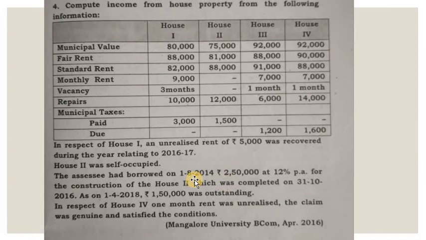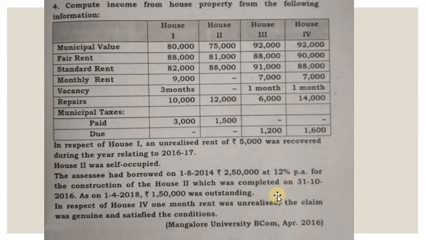Once again I'll explain. The pre-construction period interest begins from the date of borrowing, that is 1/8/2014, to either the date of complete repayment, but there is no repayment, so there is no question of a repayment date, or 31st March of the preceding year of the completion of the construction.